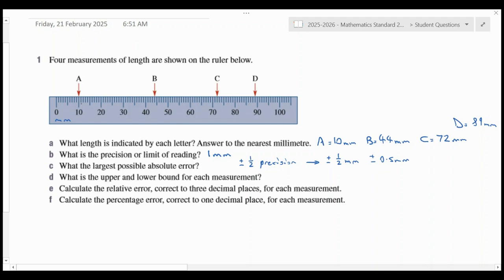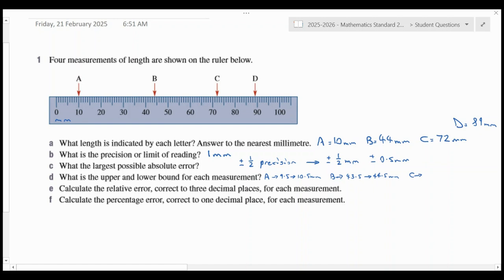So if I'm measuring this one that I said is 10 millimetres, it could possibly be 9.5 millimetres, but it could also possibly be up to about 10.5. So it's somewhere in between there, even though I'm reading it as 10 millimetres. So what is the upper and lower bound for each one? For A, we've got 9.5 to 10.5 millimetres. For B, we've got 43.5 to 44.5 millimetres.